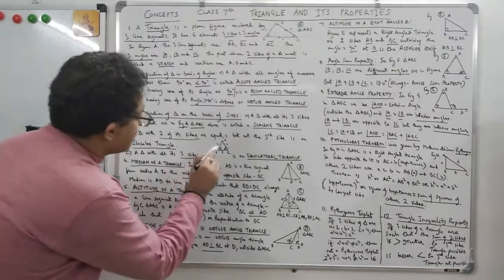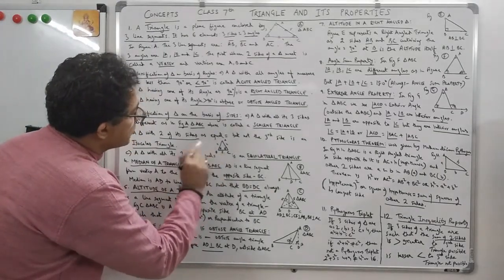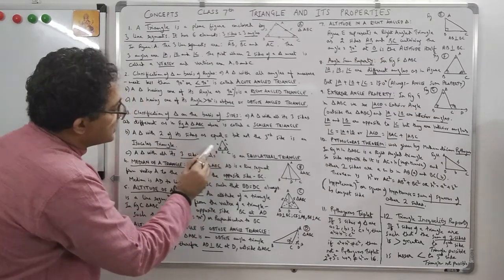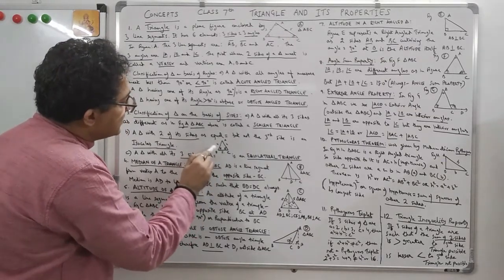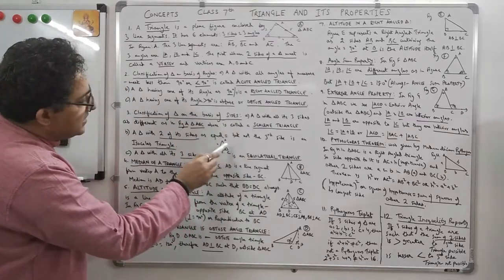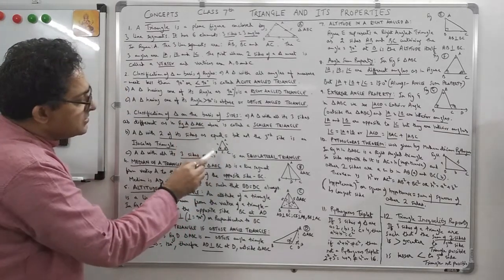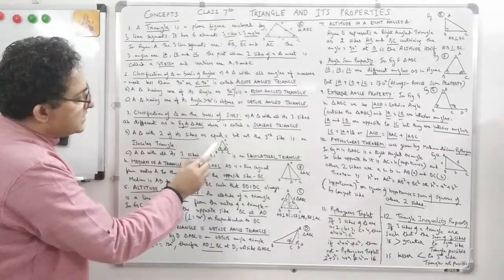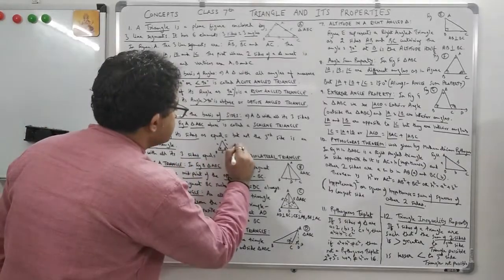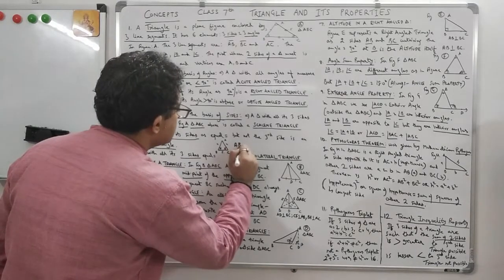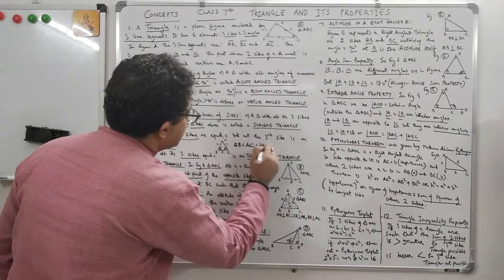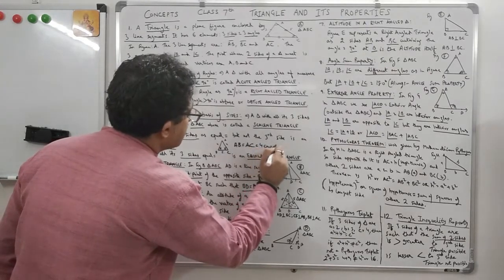So this angle C and angle B will be equal. Why? Because the side AB is opposite to angle C. Same way AC is the side and the angle opposite to AC is B. And we see AB is equal to AC, which is given. AB is equal to AC is equal to 4 centimeter, given.